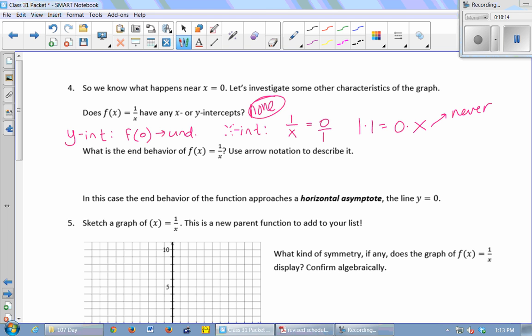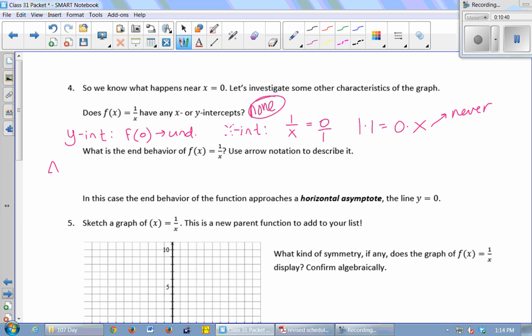All right, so let's think about the end behavior of this function. What happens as x gets really big? As you plug bigger and bigger values of x into this denominator? It gets smaller, yeah. So if I plugged a 10 in for x, I would get 1/10. If I plugged in 100, I would get 1/100th, which is much smaller, right? If I plugged in 1,000,000, I'd get 1/1,000,000th, which is teeny tiny, right?